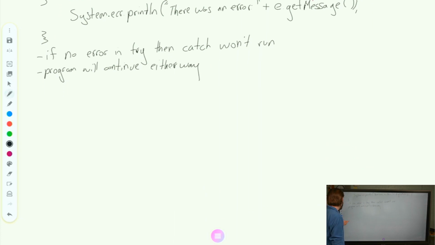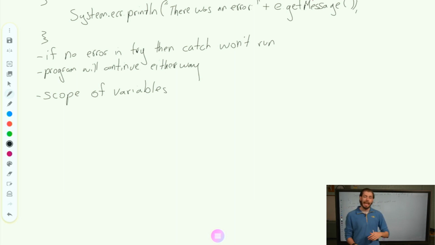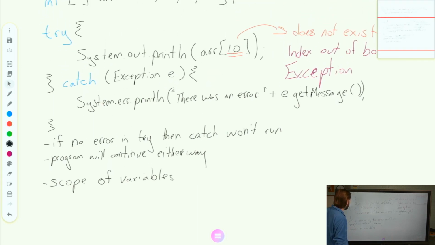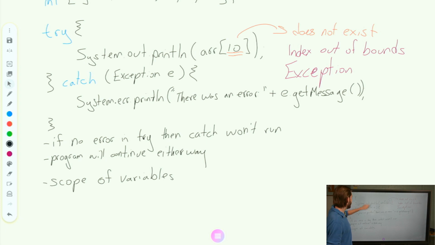Another thing to be aware of with our try and catch statement is scope of variables. Remember that scope of variables lives within any of the curly braces where it's declared. So if you want to do complex work inside of your try statement, any variables you declare in the try, anything that you form, all has to be done within the try statement.